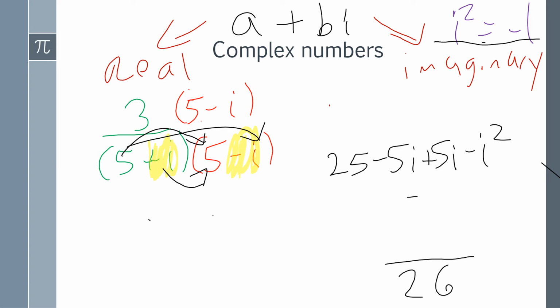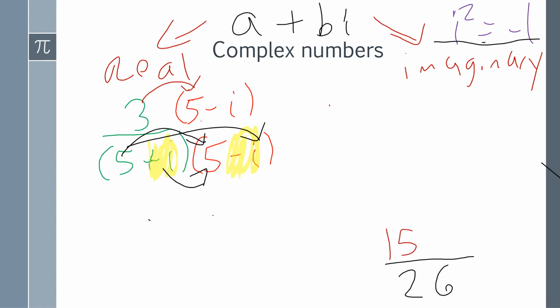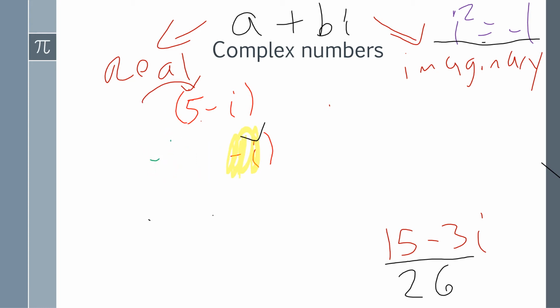So I'm going to erase this. 3 times 5 minus i. 3 times 5 is 15. And 3 times negative i is just negative 3i. And that's how you do those operations. Wonderful.